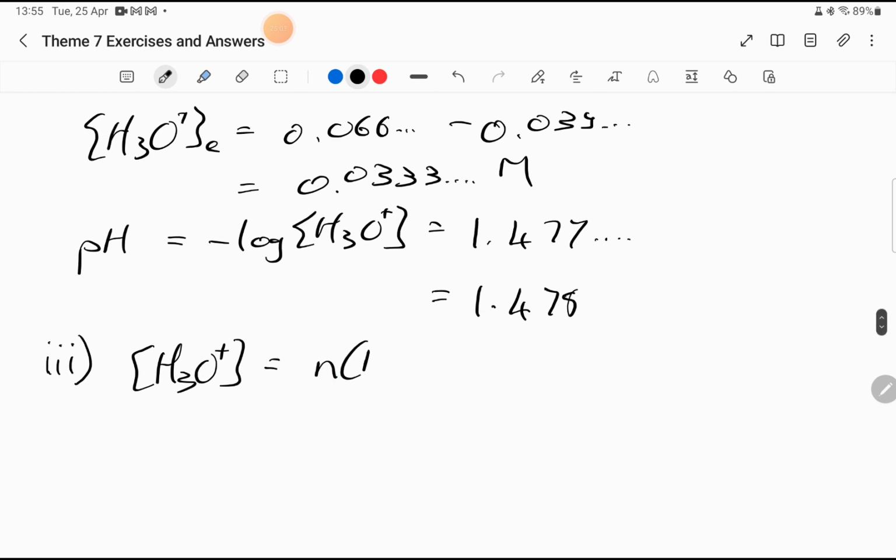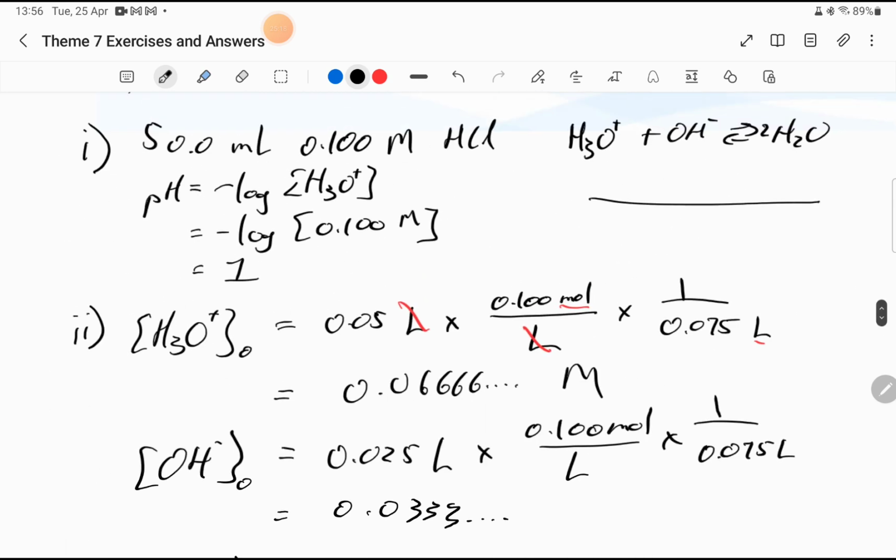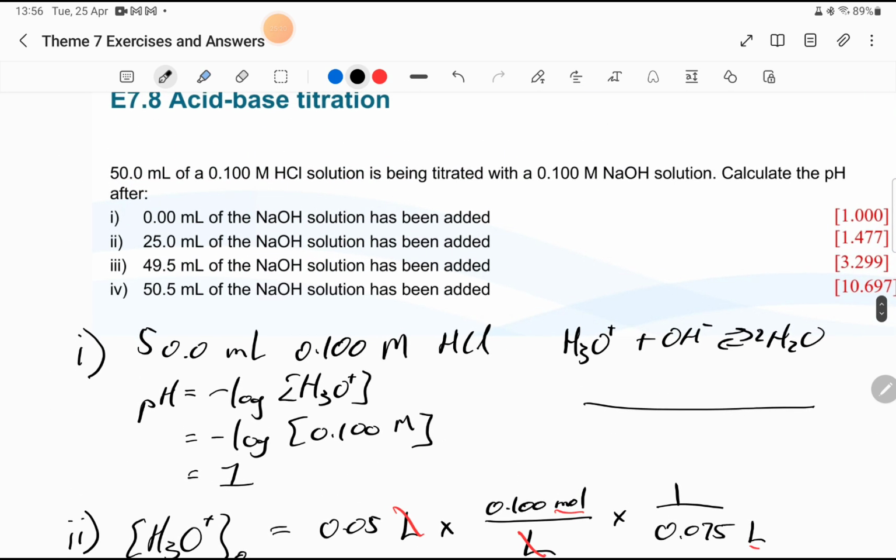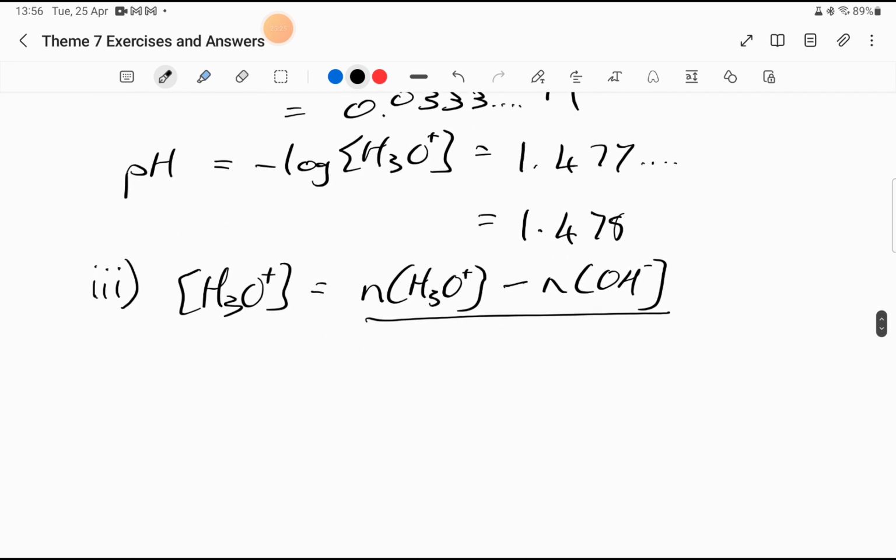So the mole amount of hydronium minus the mole amount of hydroxide, which is what we've added. So that means the two will have reacted with each other, divided by our new volume, which is going to be 50 ml plus 49.5 ml. So that is going to be 99.5 milliliters, so 0.0995 liters.